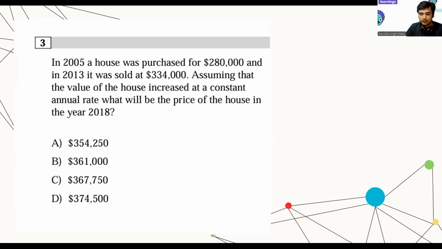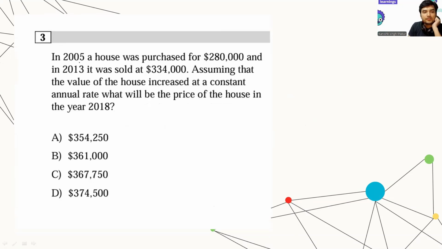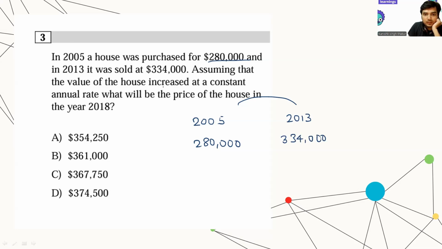In 2005, a house was purchased for 280,000, isn't it? In 2013, it was sold at 334,000. Assuming the value of the house increased at a constant annual rate, what will be the price of the house in 2018?